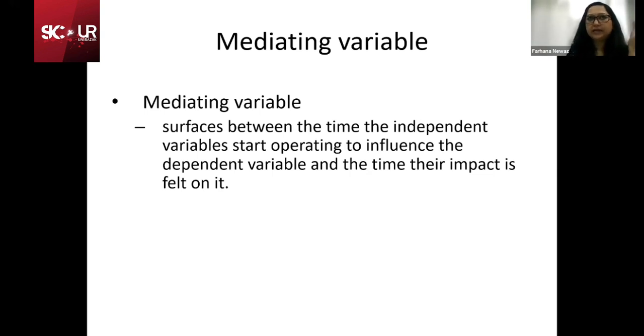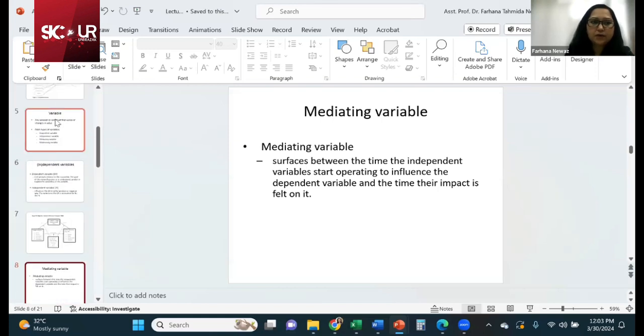If in the model you are drawing, or the topic you are choosing, there is another variable in between the independent and dependent variable, and the independent variable is not directly affecting the dependent variable, but rather through that other variable, it is called a mediating variable.